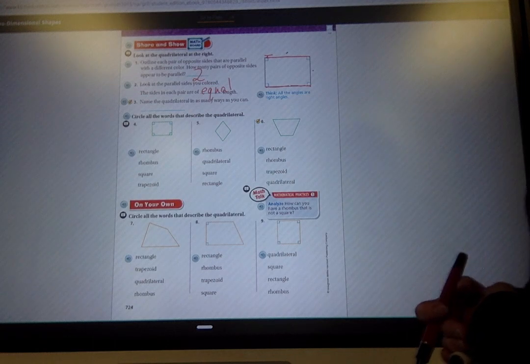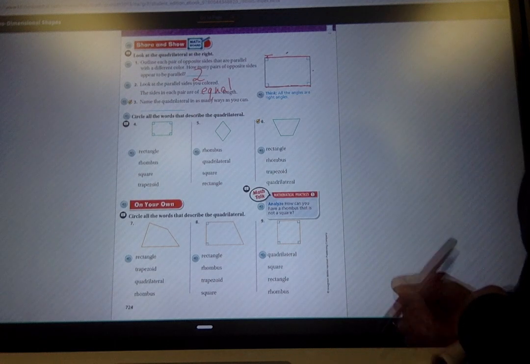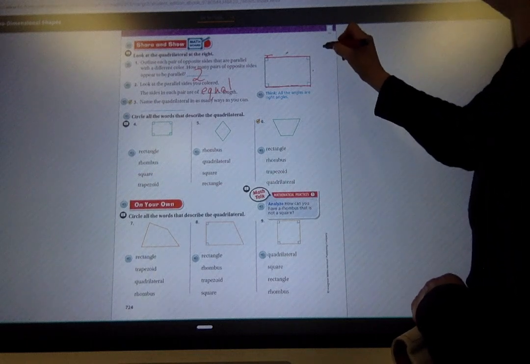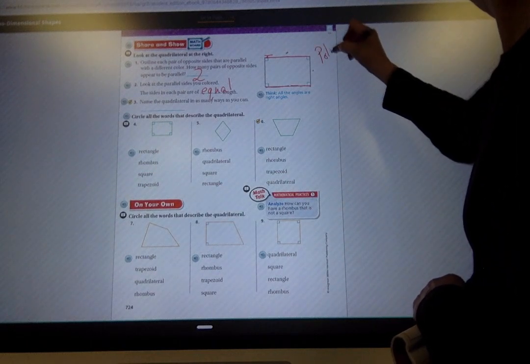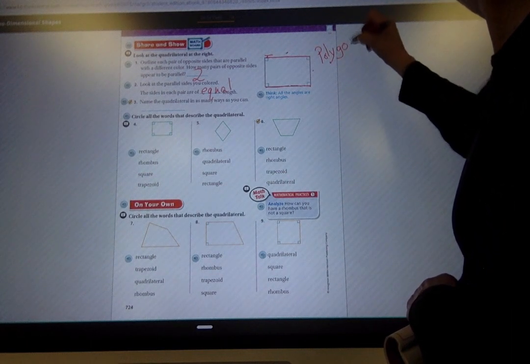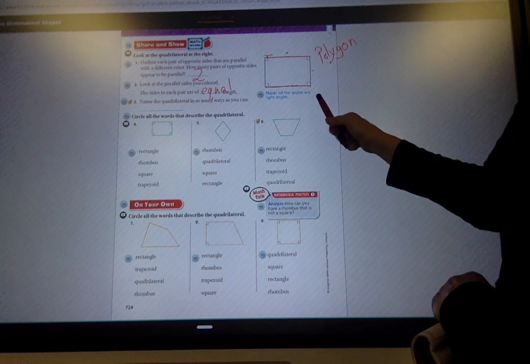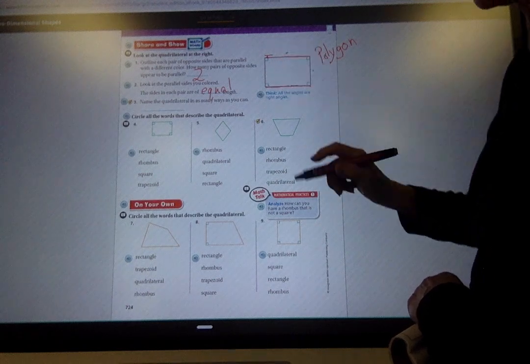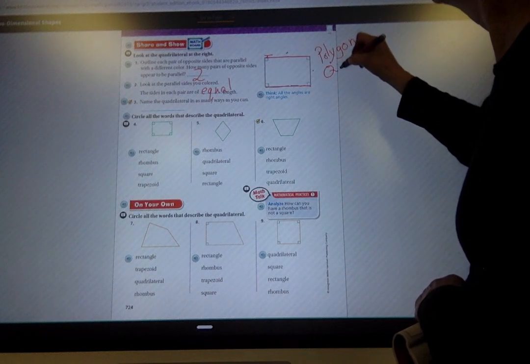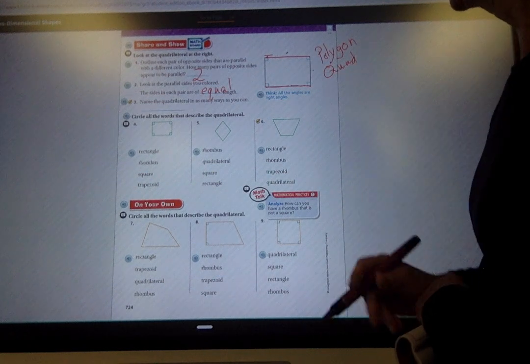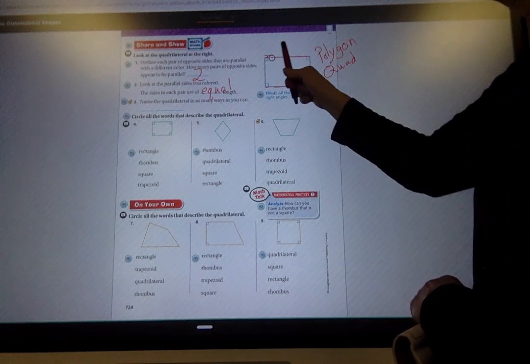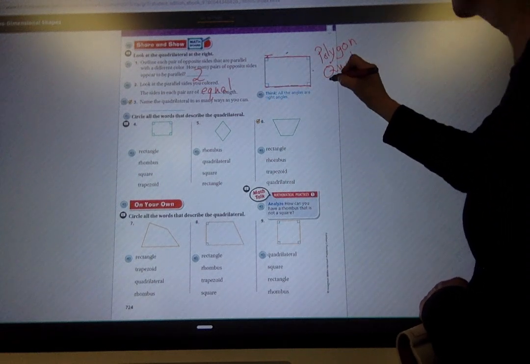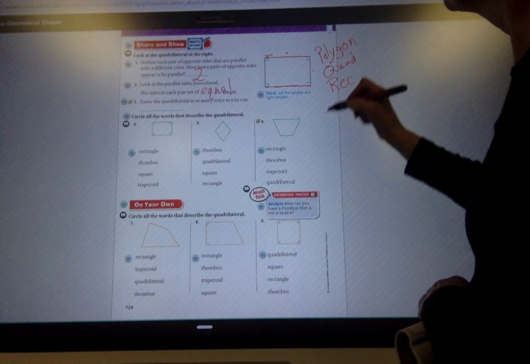Name the quadrilateral in as many ways as you can. Okay, I know it's a polygon, right? Because it's closed, made up of line segments, and it's a plane figure. It's got 4 sides. I know it's a quadrilateral. And it's got 4 right angles, so I know it's a rectangle.